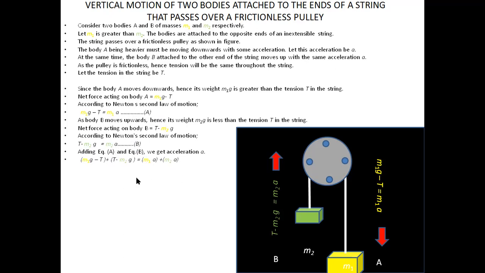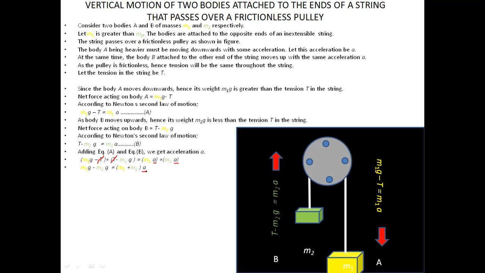Now we see that one T is positive whereas the other T is negative, so the T cancels out. What we get is m1g minus m2g is equal to a times m1 plus m2, taking a as common.